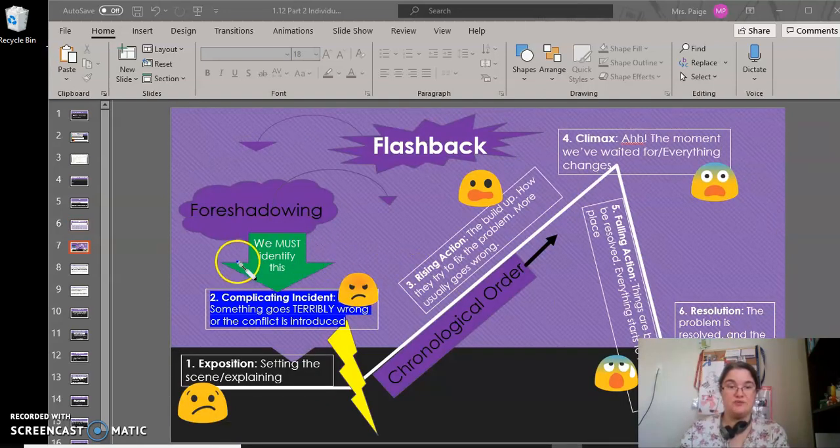Alright, you must know what the complicating incident is. The complicating incident is when something terribly goes wrong or when the conflict is introduced. So we know that something is a problem. That's what we're going to look for whenever we're doing the reading.